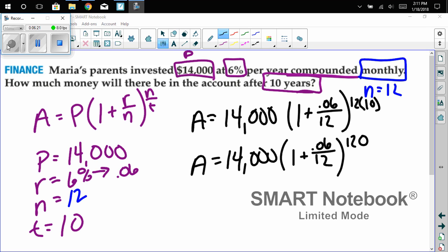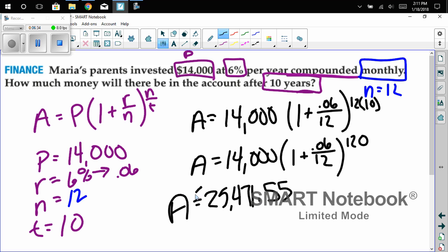And the answer will be $25,471.55. So after 10 years, that's how much would be in her account.